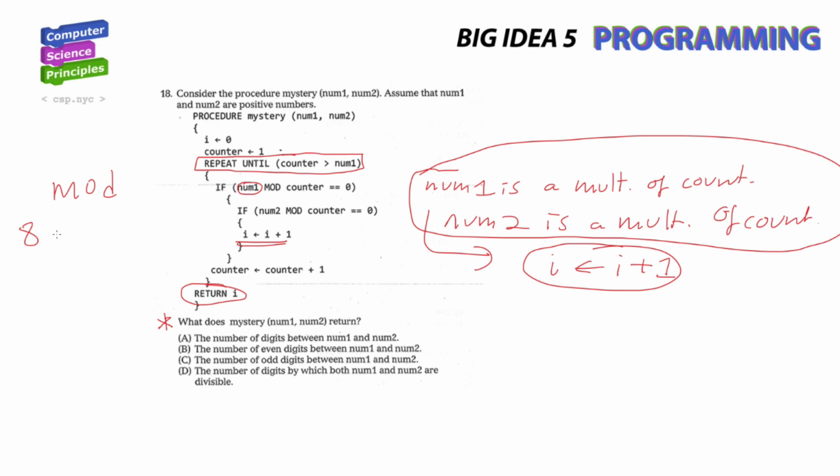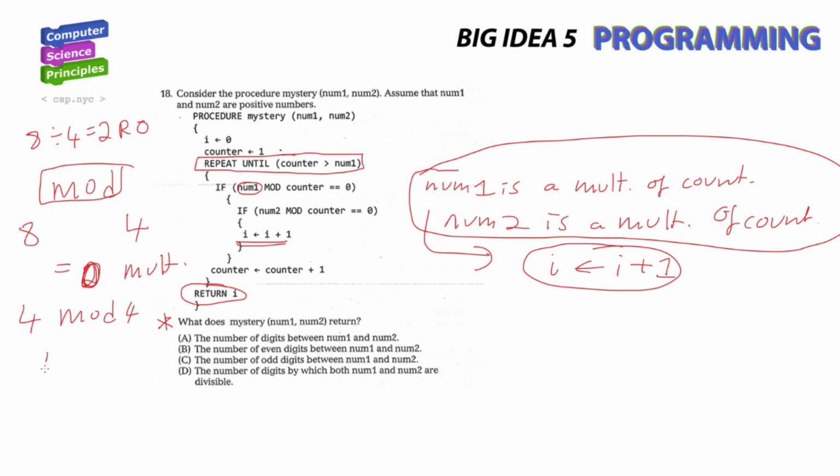So if we did 8 mod 4, that would give us an answer of 0, because 8 divided by 4 equals 2, but the remainder is 0. When the remainder is 0, that means this mod equals 0, which means that they're multiples.